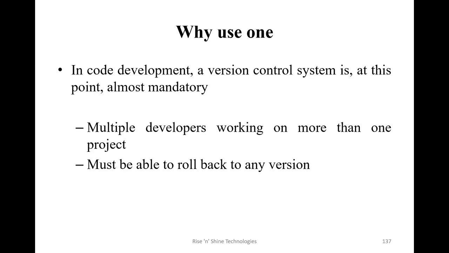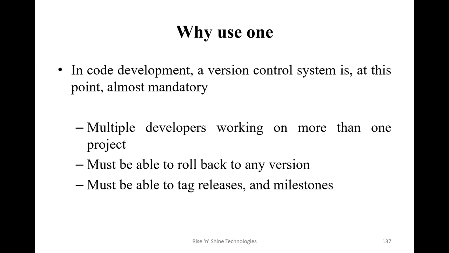It must be able to roll back to previous versions. Yes, it should support it. It must be able to tag releases and milestones. You need to track all the releases. But what is the release concept, how do you track it, how do you define the tags, and how do you manage the branches? These are all concepts you are going to learn from the version controlling tool.